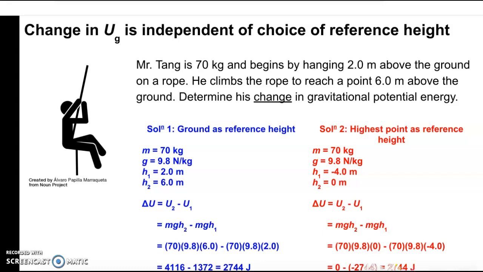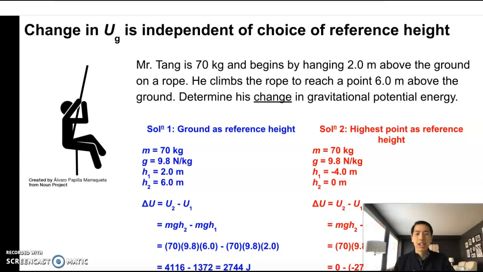So the point is that if I change my height, the change in U is the same, no matter how I calculate it. If I got higher, my U is going to get bigger, I'm going to get more joules. On the flip side, if I fall down to a lower elevation, then my gravitational potential joules are going to go down, no matter what.